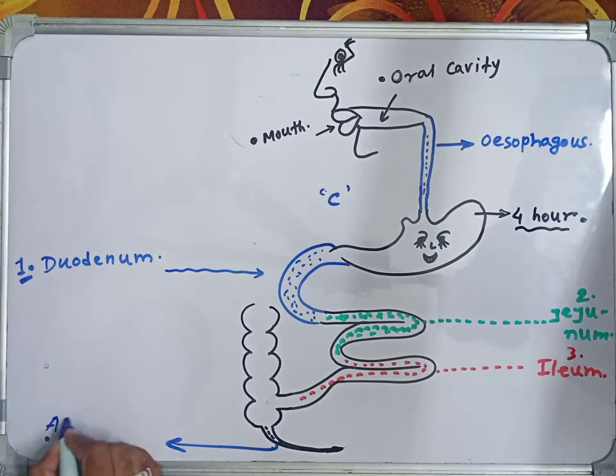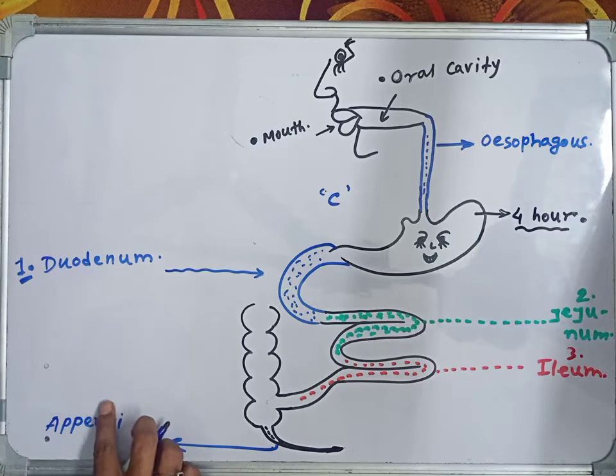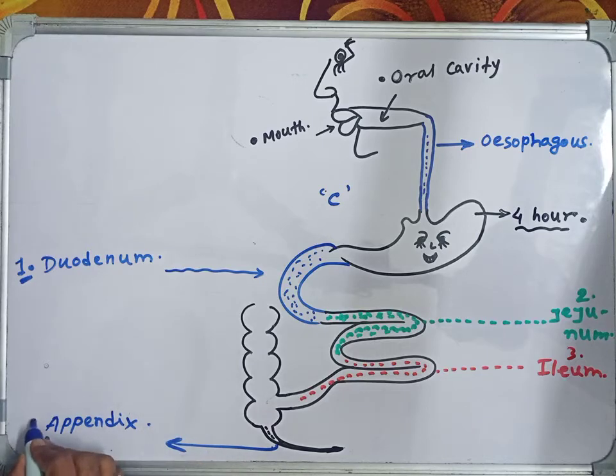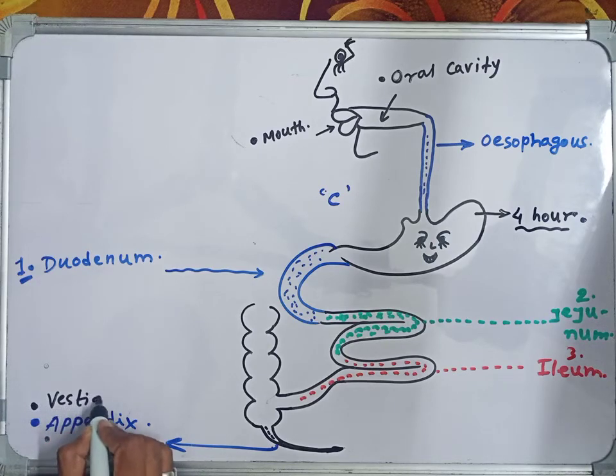This structure is called appendix, right? And there is another MCQ: this appendix is also called a vestigial organ.